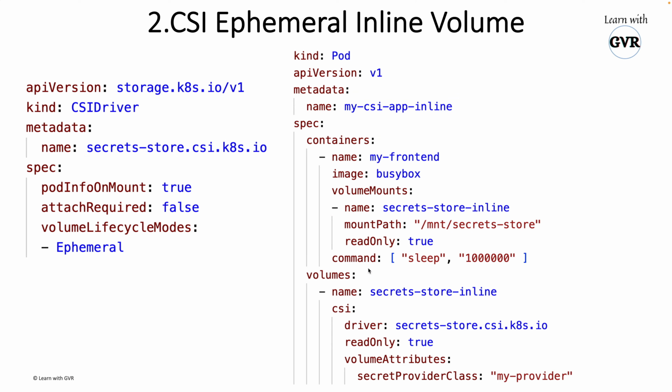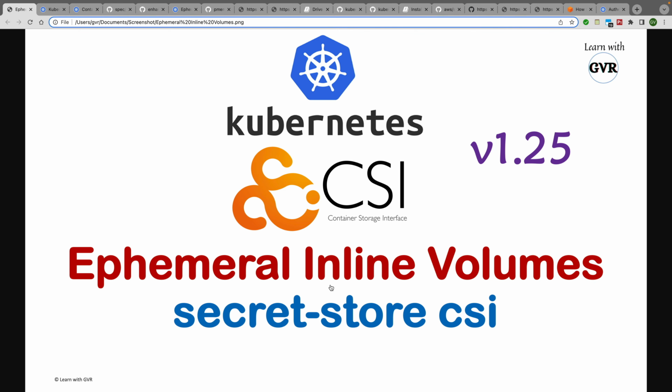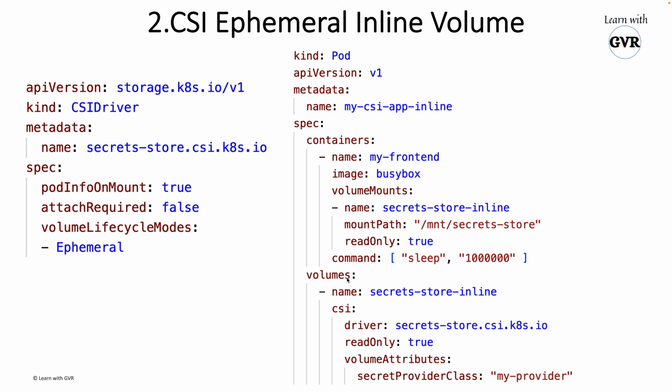That's a benefit. And the second one is the CSI ephemeral inline volume, which is actually today's topic. So what exactly is it? This ephemeral inline volume is provided by the CSI driver, the Container Storage Interface driver, right?